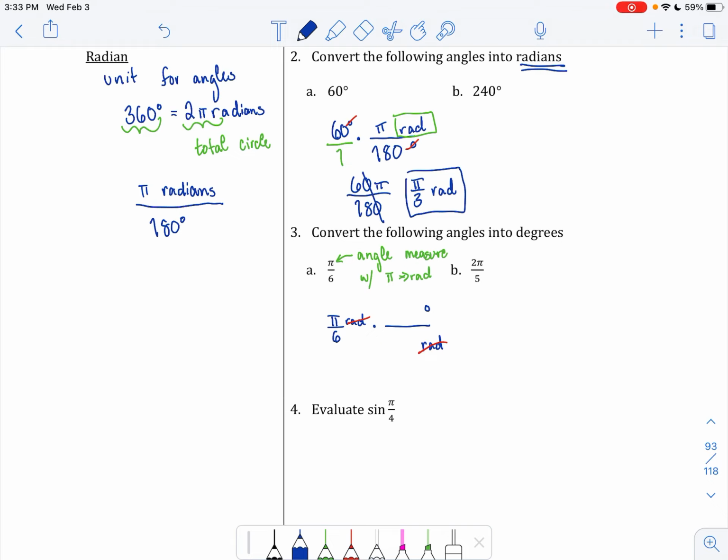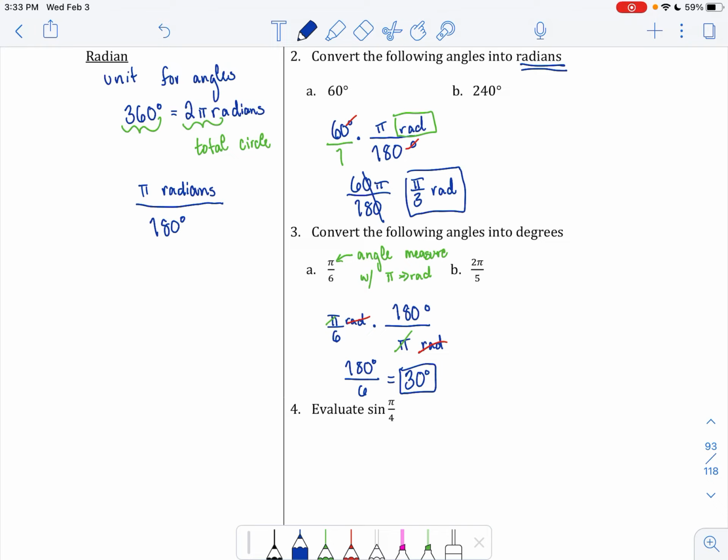And I'll use the same one, pi over 180, except it's 180 degrees in the numerator now, and pi radians is in the denominator. Pi cancels, and we end up with 180 degrees over 6, which is 30 degrees. Again, if you want to see a second example for 2 pi over 5, look at the PDF attached.